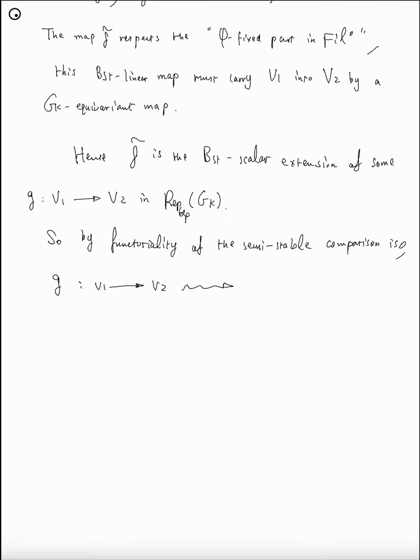By the functoriality of the semi-stable comparison isomorphism, we conclude that this one induced exactly by D_st is the one we started with, and so we prove the full faithfulness.